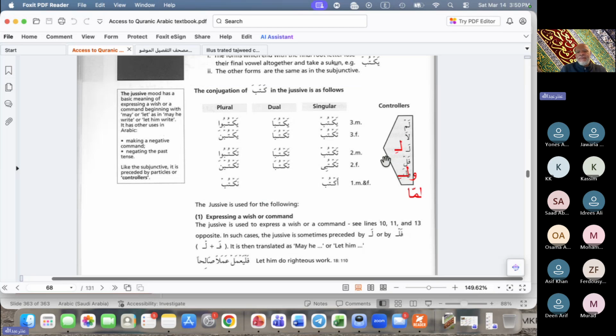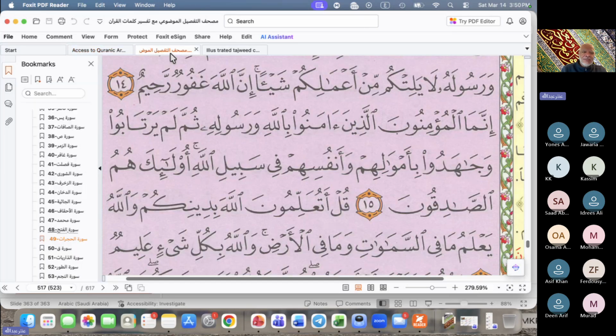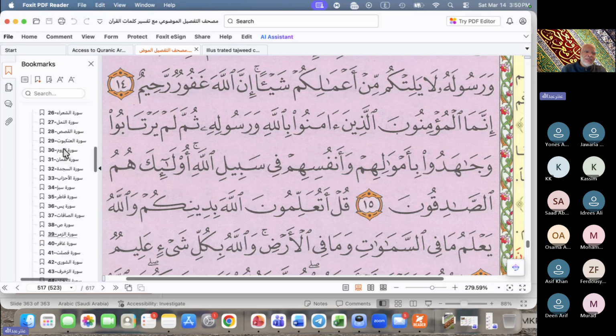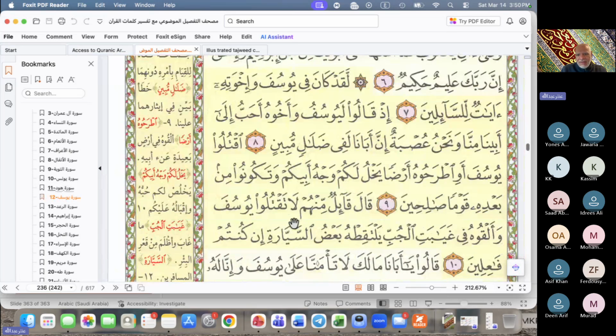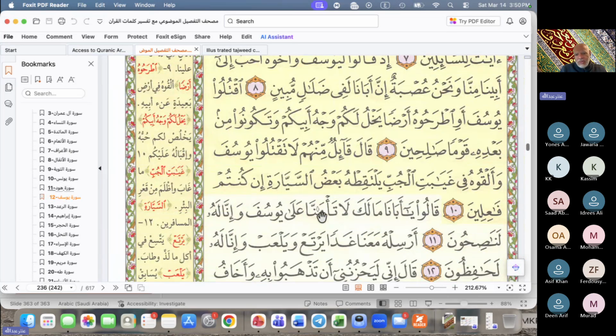And inshallah, also, I don't know if I can explain this now or I keep it for next time, to explain the Ishmam in Surah Yusuf. I explained it before, but we can explain it again, inshallah, maybe next time, in order to spend longer time in explaining the meaning of it. Why do we have the Ishmam here in this word?